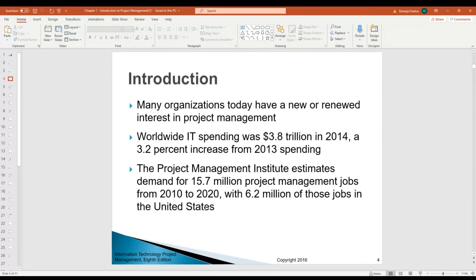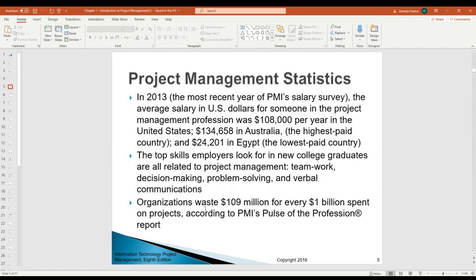I was reading today that Delta is going to be laying off a huge number of employees. That's unfortunate, but we are hoping that things will improve and we'll go back to where we used to be, or even better. But there's still a high demand for people who are skilled in project management. The jobs are still out there.